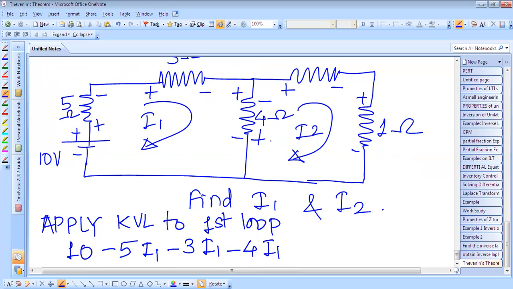And one current is coming like this, another current is going upwards. So there is a rise in potential because of this current I2. So 5 is there, 3 is there, 4 is there, and this is equal to 0.